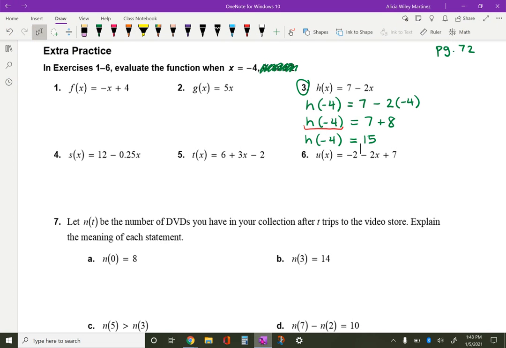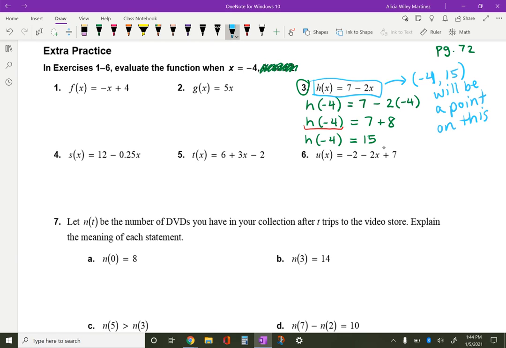So basically what this is telling me is that on the graph of this function, you are going to find the ordered pair -4, 15 on that line. So -4, 15 will be a point on that line.